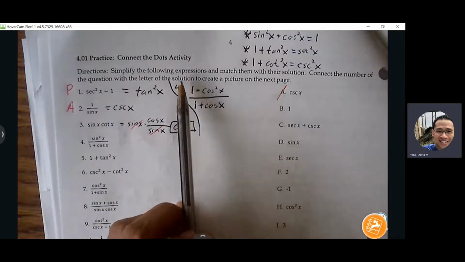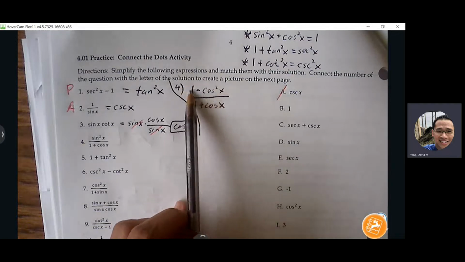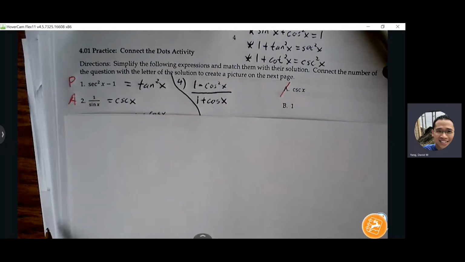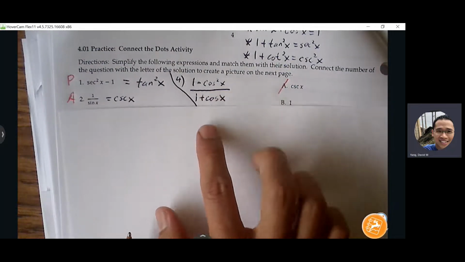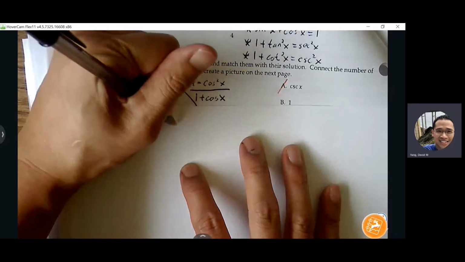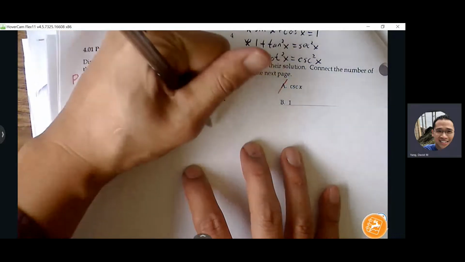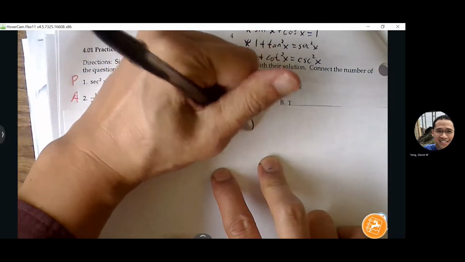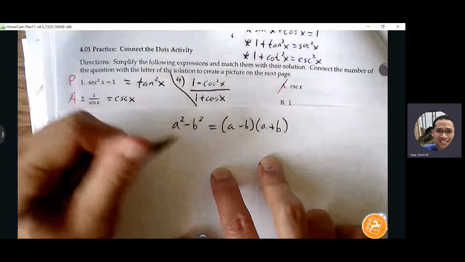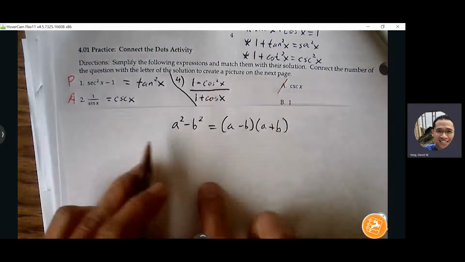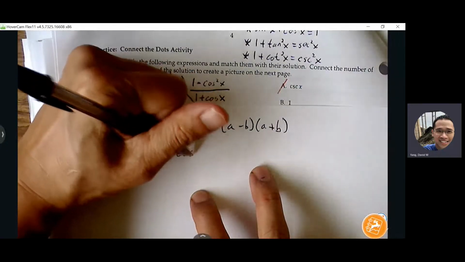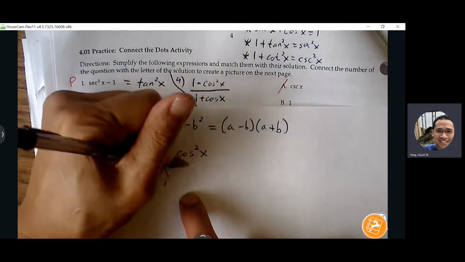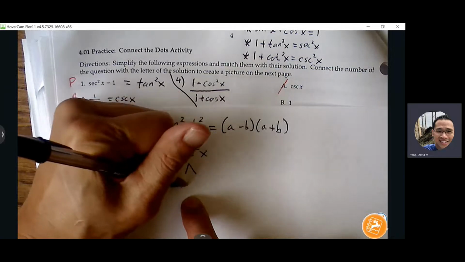So what needs to happen is we need to play with this 1 minus cosine squared x. Okay, and the way we can play with it is, let me show you here. This is going to have to be involving difference of squares. To remind you, difference of squares is where I can break perfect squares down into a minus b and a plus b. Same thing here. If I have 1 minus cosine squared x, 1 can be broken down into 1 and 1. Cosine squared x can be broken down into cosine and cosine.